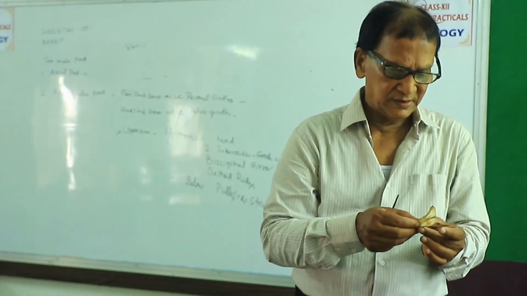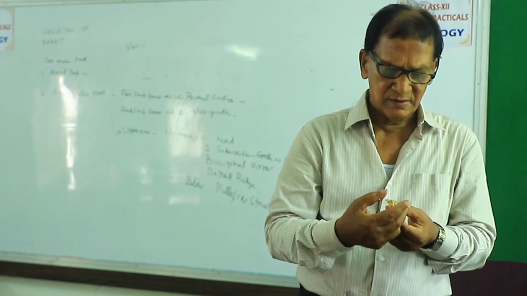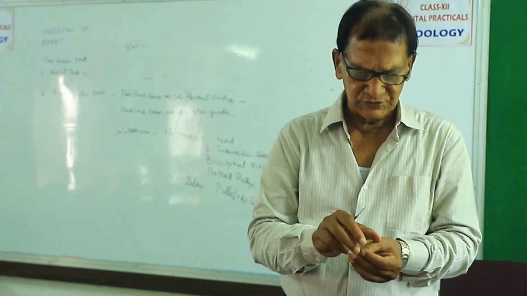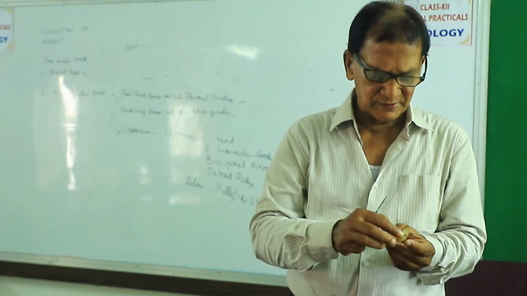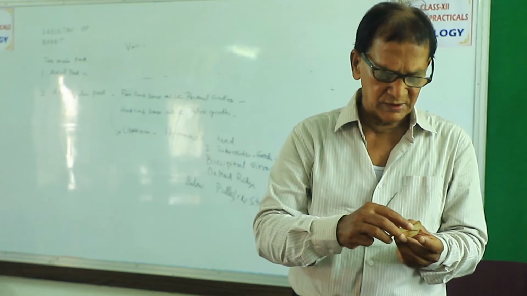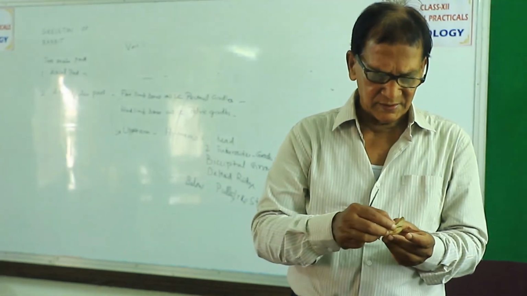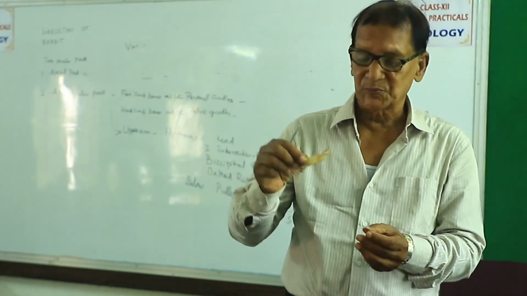Then the broad part that is present is called the scapula. This broad triangular part is called the scapula, and the projection that you see above it is crest-like, but it is called the scapular spine.